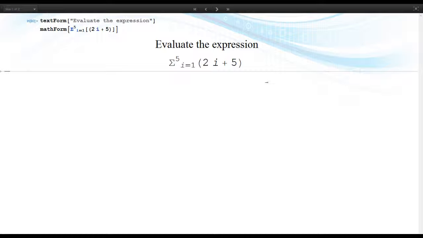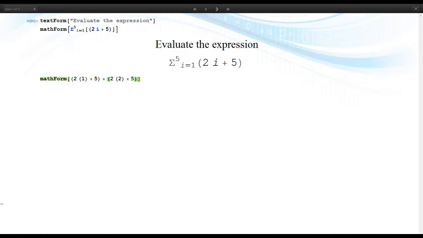So this expression here becomes, well, we plug 1 into this, so we get 2 times 1 plus 5. And that's our first term in our sum. And then we increment, we get 2 times 2 plus 5. I'll put some extra parentheses to make things more clear.